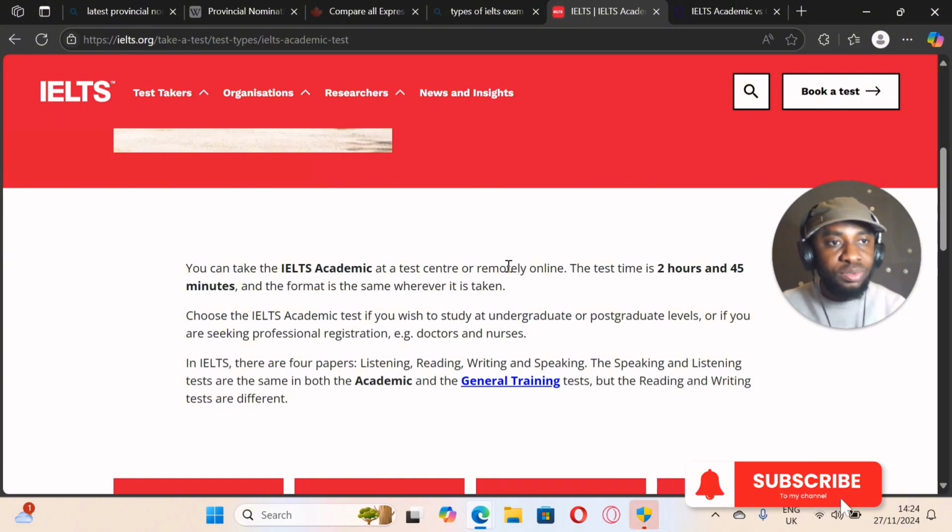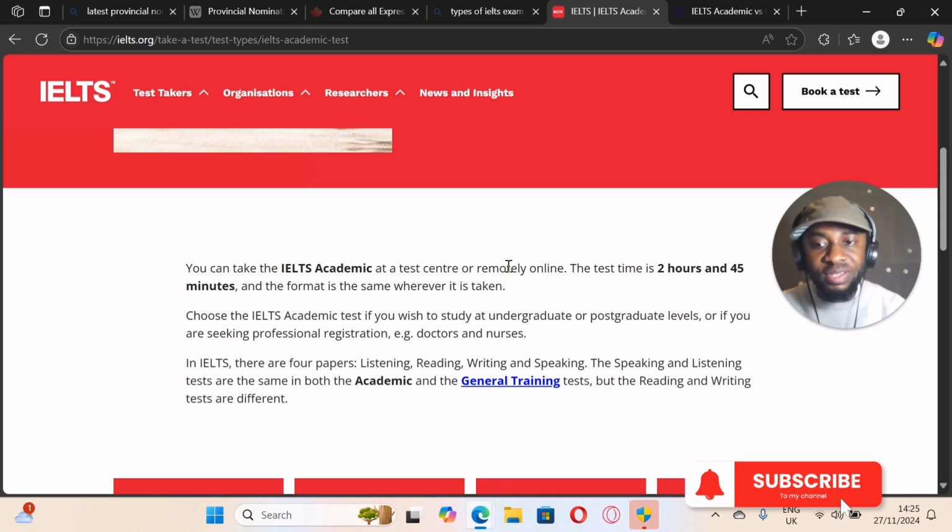So you can choose to write your test online, or you can do so at a test center. The test time is 2 hours and 45 minutes, and the format is the same wherever it's taken. If you choose to take it online, you are going to meet the same format. If you choose to do it at a test center, you are going to meet the same format.